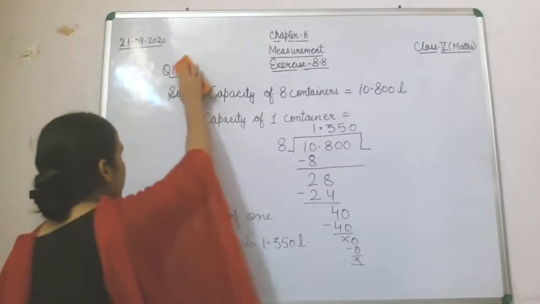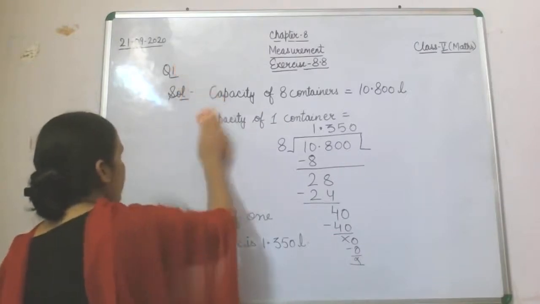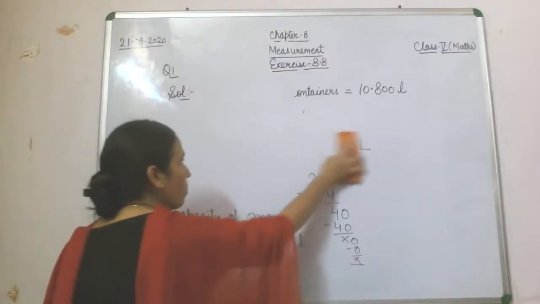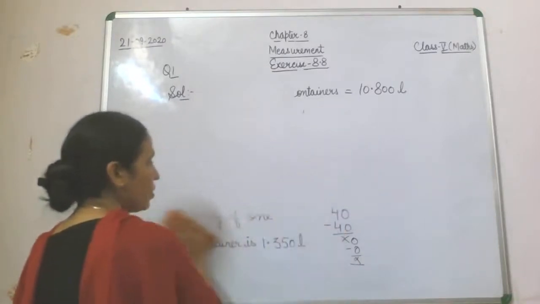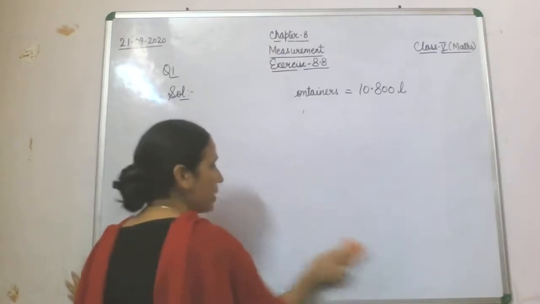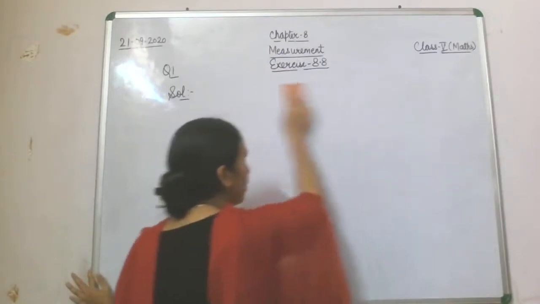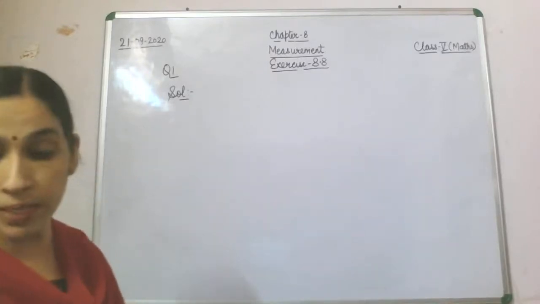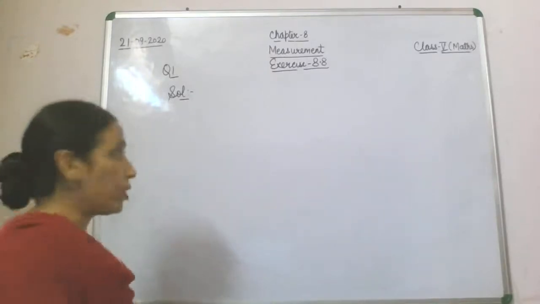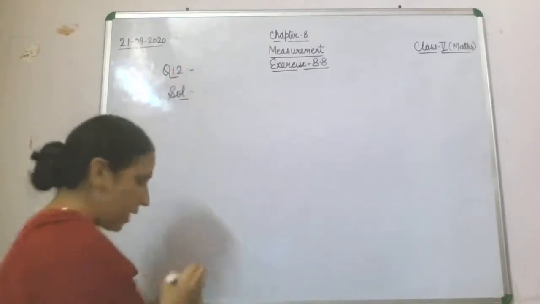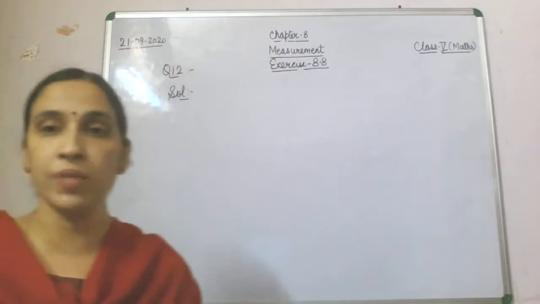In question number 12 there is a bit of difference from the other question, because in this question we are going to use the unitary method. Unitary method means first we will find the capacity of one bottle, after that it will be multiplied by 7 bottles.